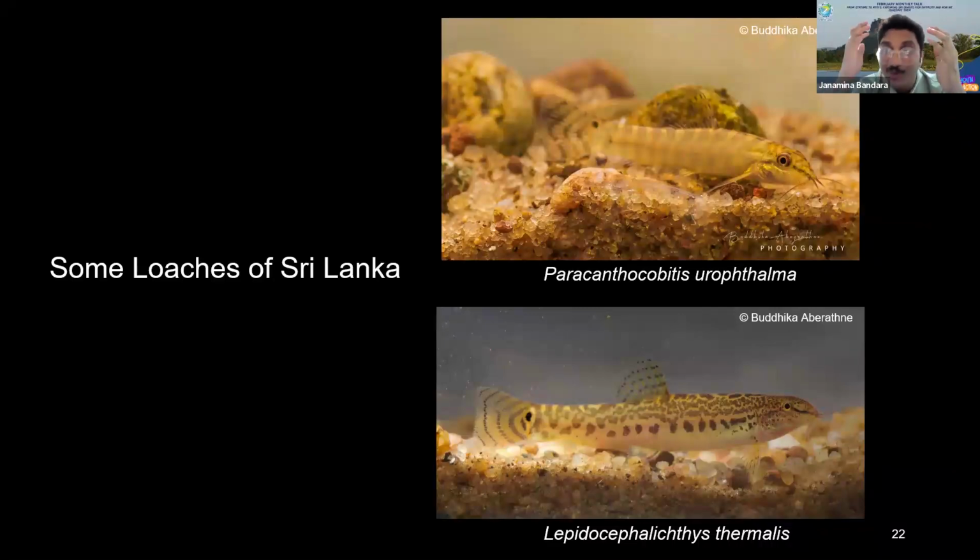If you use a snorkel and just peep into these waters, you can see a very beautiful world out there, and these guys will be sticking to the bottom. These are really common, not the Paracatha species, but Lepada cepalictis thermalis. It's a very common species you can see everywhere.